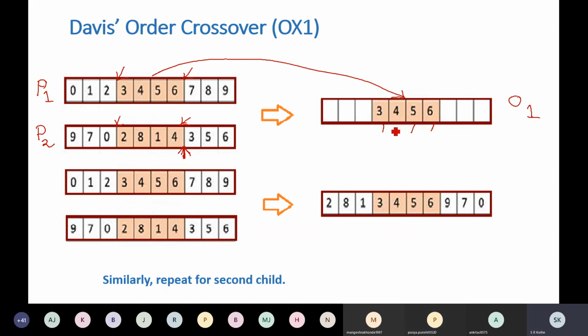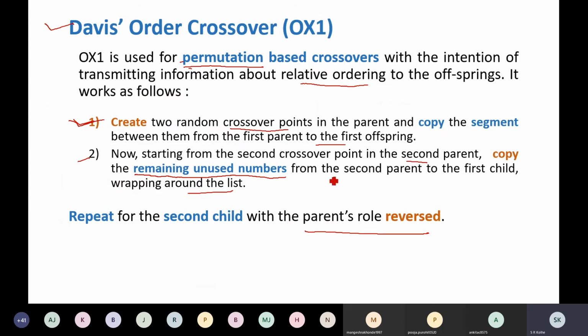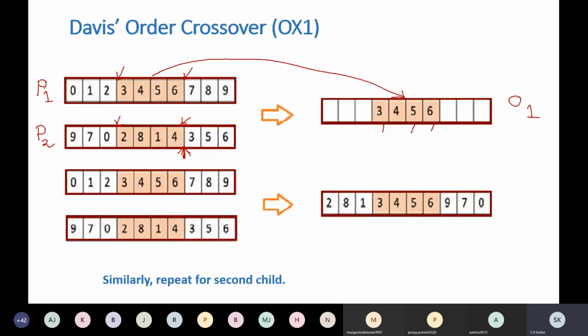So it is not used. So what we have to do, we have to copy unused numbers from second parent to the first child. So 3, 5, 6 they were used, so don't copy. We are wrapping around the list. Next number is 9. 9 is not used, so copy it.